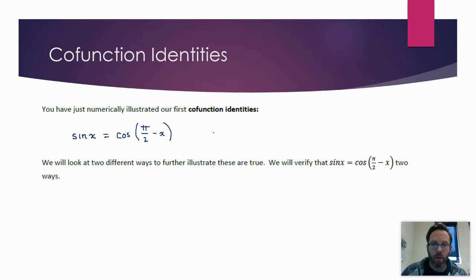Also, the cosine of angle x is equal to the sine of pi by 2 minus x. So these are the first of our 2 cofunction identities. And you'll see why we call them cofunction identities in just a moment or two.